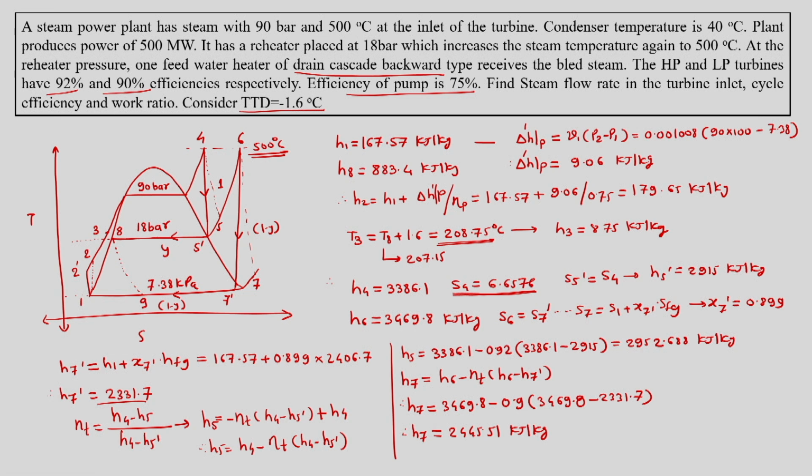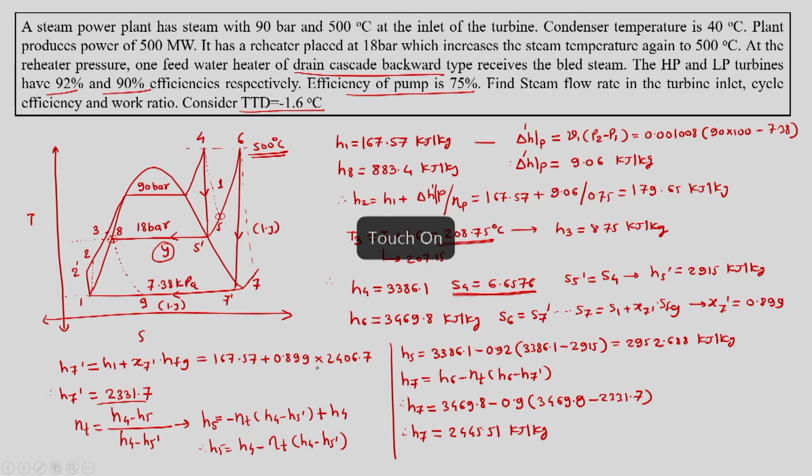Having said this, we can move ahead and find out the mass fraction Y using the energy balance. The energy balance says that the mass Y is losing its enthalpy from 5 to 8, while 1 unit of mass is gaining its enthalpy from 2 to 3.